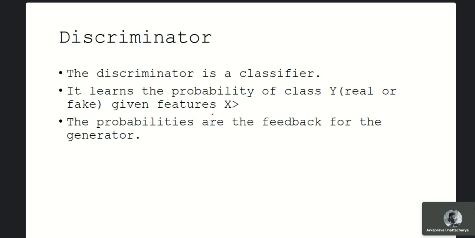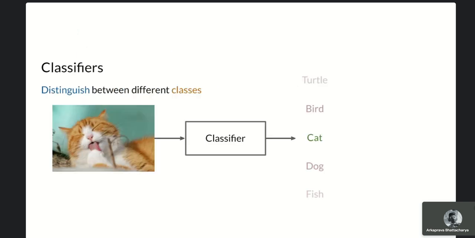It receives an input image, which we call x, and produces an output y, which is whether the image is real or fake. These probabilities produced by the discriminator serve as feedback for the generator, and from those probabilities the generator learns how to improve itself over time.